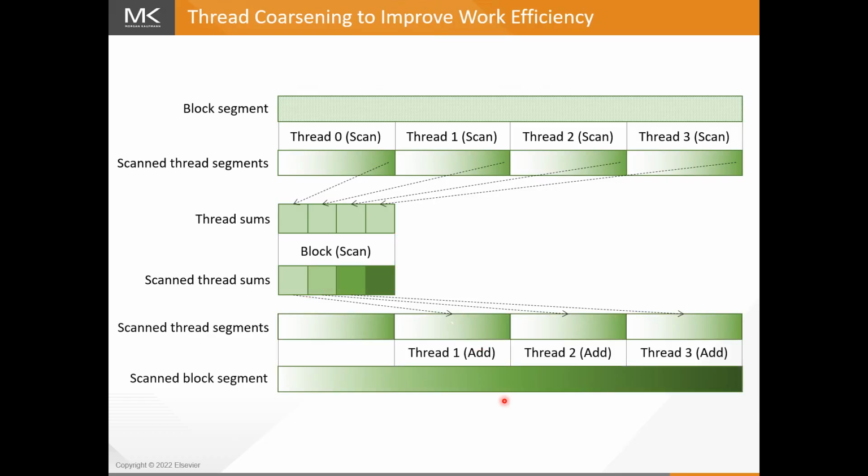How is it different from the warp? So somebody asked me, how is this different from the warp implementation? It's the same strategy as the warp implementation, but at the thread level. So here what's happening is we're taking the block segment, we're segmenting it across threads. Every thread is doing a sequential scan, then contributing one sum. And now we do the block scan. Inside of this block scan, we're going to take these thread sums, segment them across warps, have every warp do its own scan.